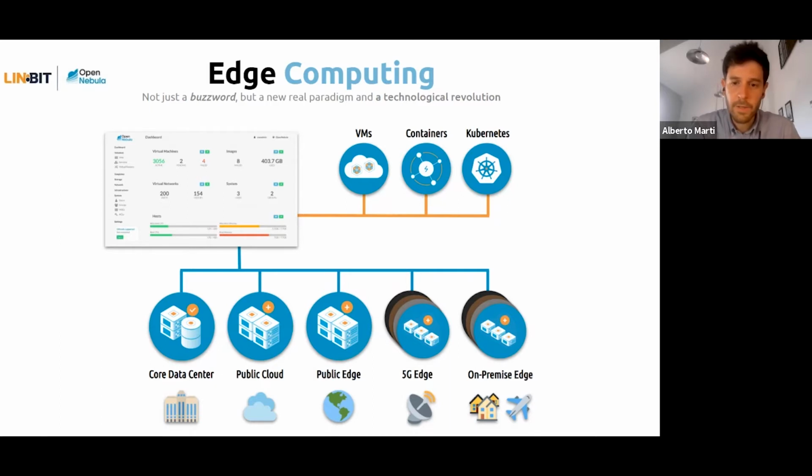or in the public edge providers that have emerged in these last few years, and also in 5G edge providers like telecommunication companies, for instance. And also, something we're doing now that's really exciting, is enabling companies to both manage their own on-premise edge infrastructure or use someone else's on-premise edge infrastructure.